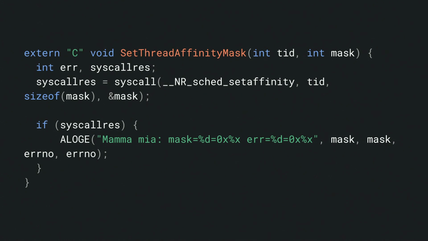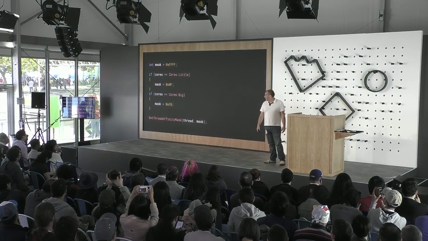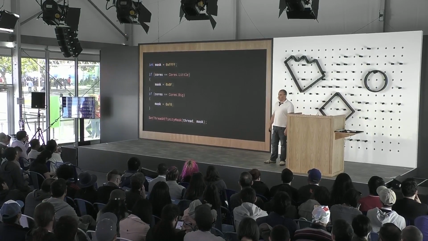And it just runs a system call and checks for errors. This is like super straightforward. And this is how you use it. If I want to run on a little core, I set the mask to the first cores. If I want to run on the big cores, I set the mask to the last cores. And then I set the thread affinity. Super straightforward.